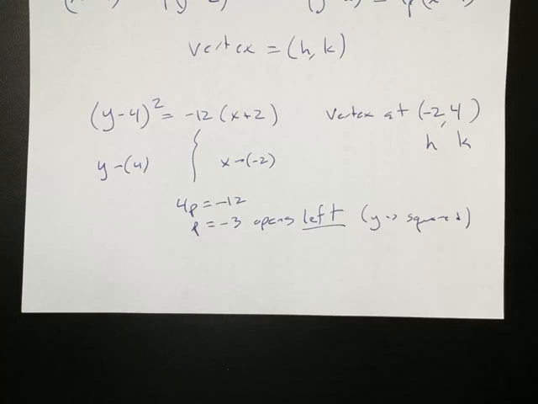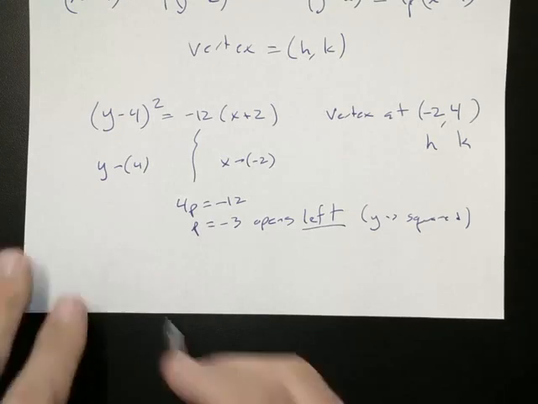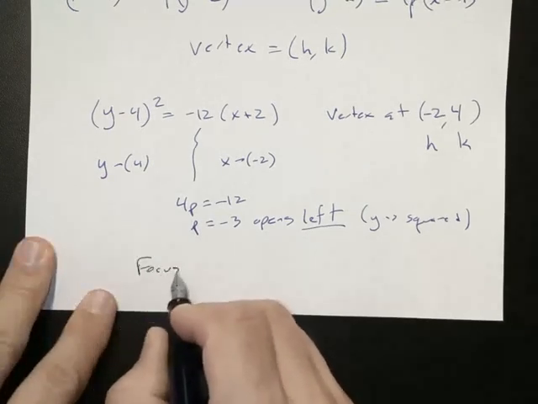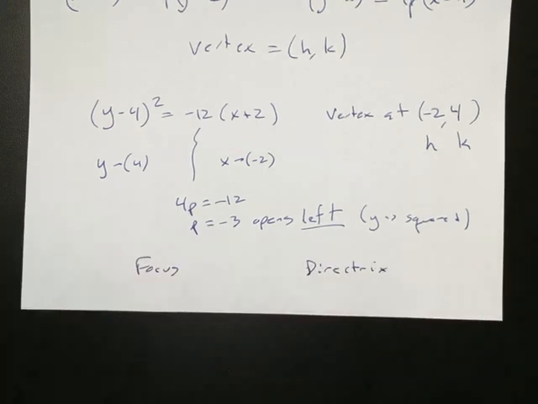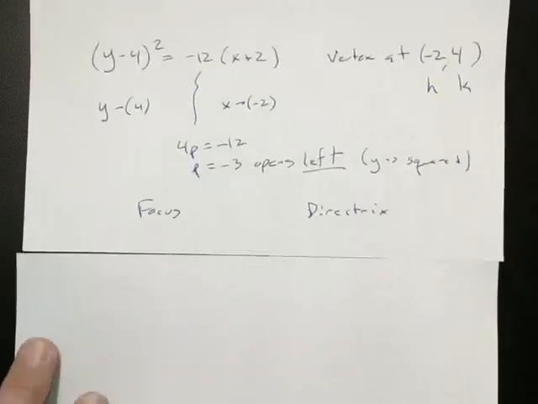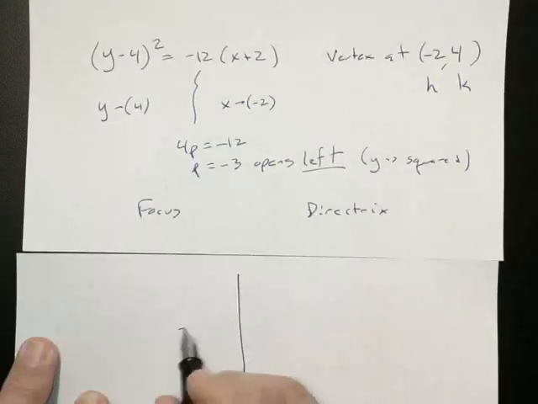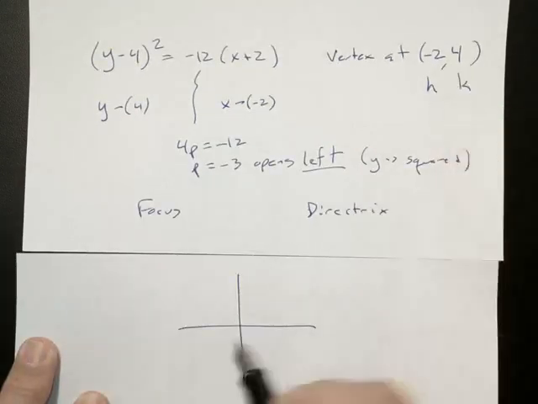So let me start doing the other pieces. It's the parabola. It's got a focus. It's got a directrix. Focus, directrix. Now, I find it easiest to do this visually, but that's me. So I'm going to make a crappy little picture down here, and I'm going to say, hey, wait a minute. We went 2 units to the left and 4.